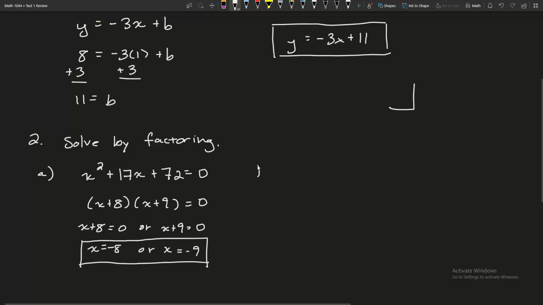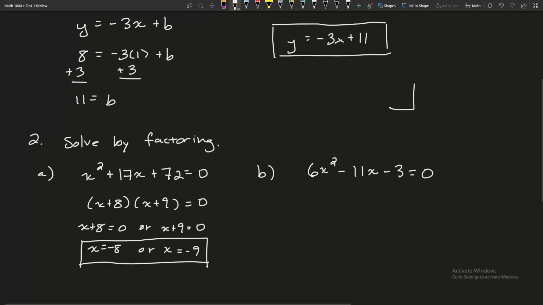B, let's try one where the leading coefficient isn't 1. Let's say maybe 6x squared minus 11x minus 3 equals 0.